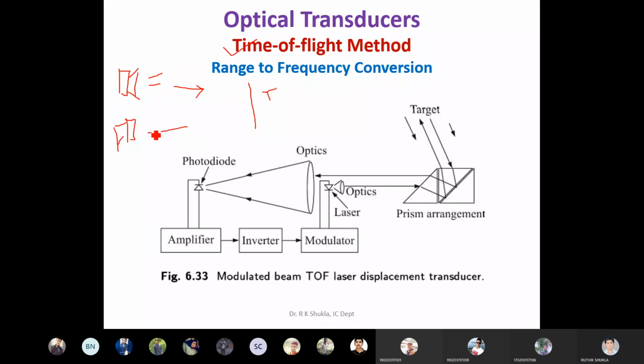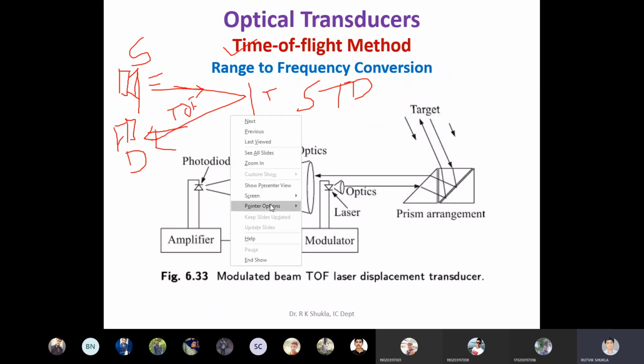So on one side you have a source, then you have a target, and then you have a detector. That is what we have already told, STD: source, target and detector. So time of flight means the time which it takes to reach from source to the target and again back to the detector. The whole time is called the time of flight.